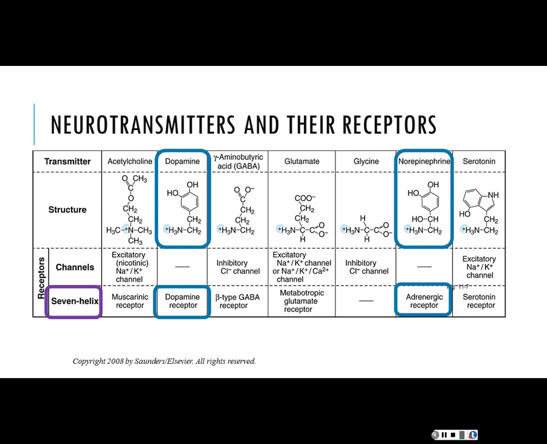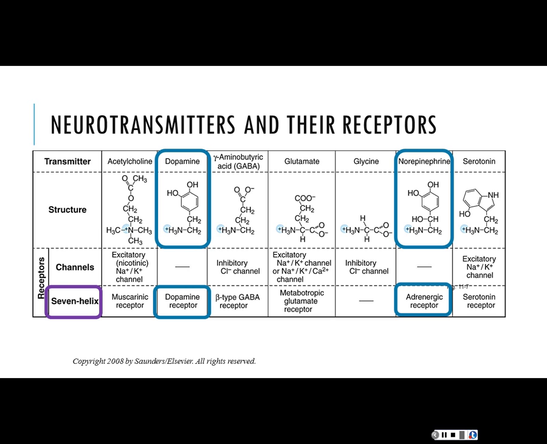So a nerve could be adrenergic. That means that nerve releases epinephrine or norepinephrine. Or if I said the postsynaptic cell has adrenergic receptors, that means it receives norepinephrine and epinephrine.